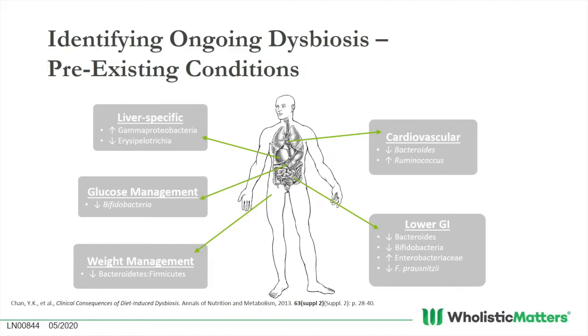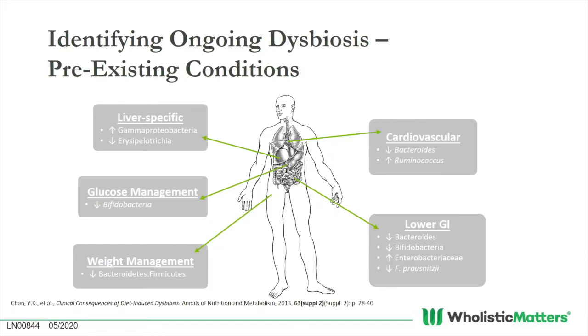In weight management issues, then there's an association that's been outlined as a ratio problem between Bacteroides and Firmicutes. So this is going back to that 1,000-foot view of the phylum, saying that ratio between Bacteroides and Firmicutes is off. It's outweighed far too heavily.